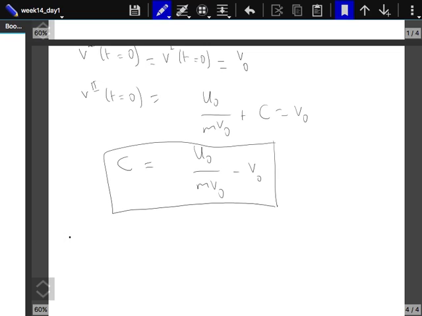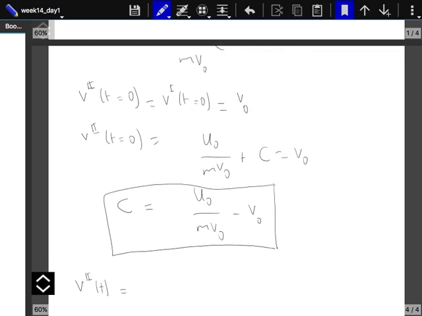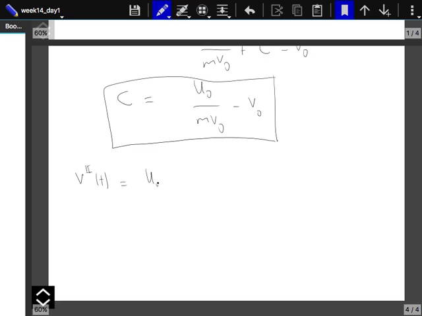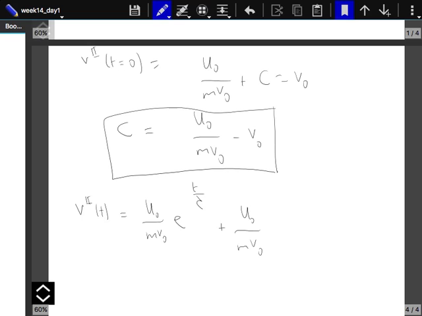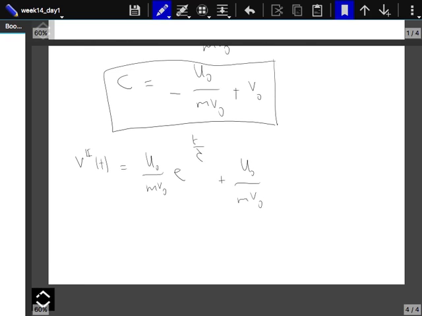This is our c. So as a function of time, the velocity as a function of time t is equal to u0 over mv0 e to the power t over tau plus u0 over mv0. So here this is minus, this is plus, sorry. Minus plus v0.